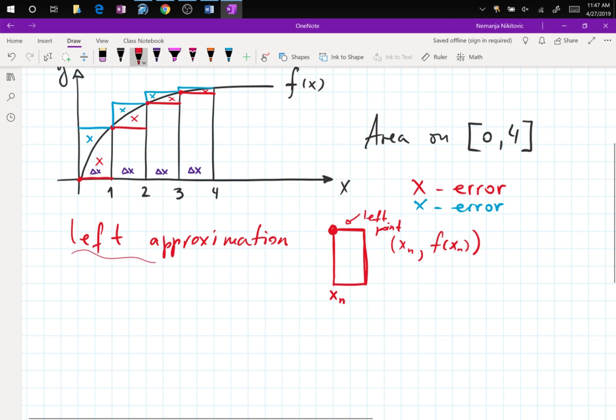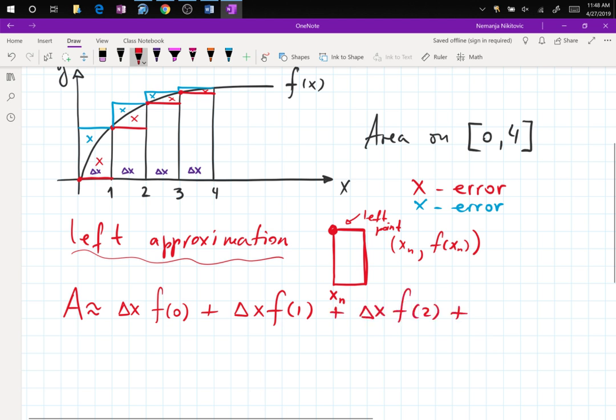So if I'm talking about the left approximation, what I have is area is approximated by four different areas to worry about. First one is delta x times f at 0, because my left rectangle has 0 as the x input, plus delta x times f at 1, plus delta x times f at 2, plus delta x times f at 3.